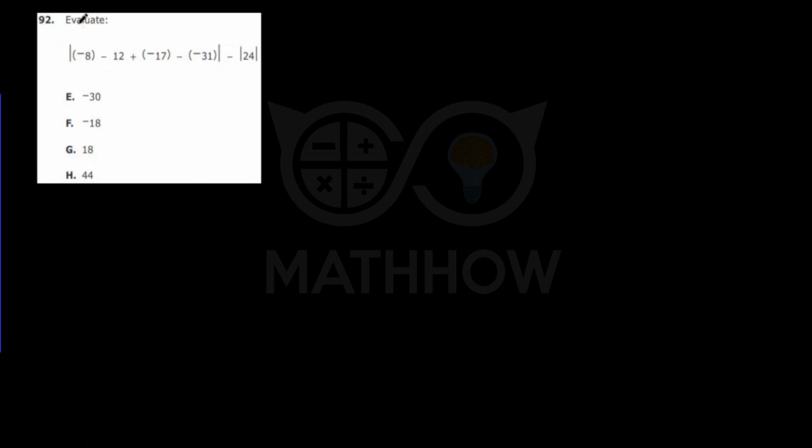Question number 92. Evaluate the following expression with the absolute values. Writing the expression down, evaluating these minus signs outside the brackets or inside the brackets, this will become minus 8 minus 12.